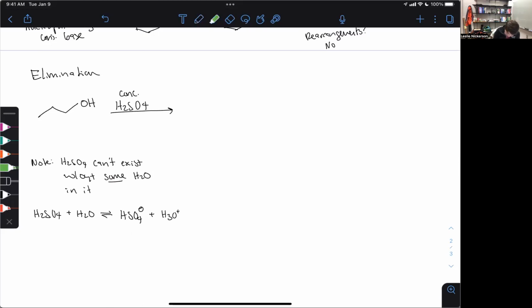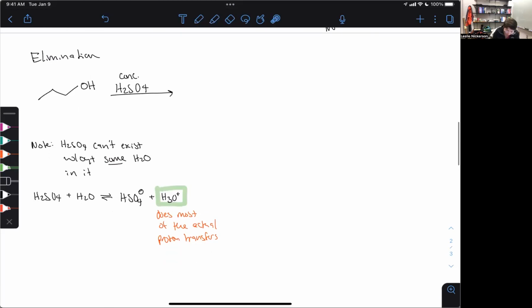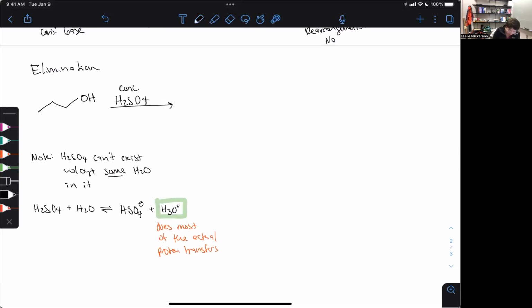And this is going to be what most of your acid-base chemistry is coming from. So we're really looking at H3O plus as kind of being our proton carrier. If we're looking at this one, I've got a primary alcohol. I've got a non-nucleophilic conjugate base.